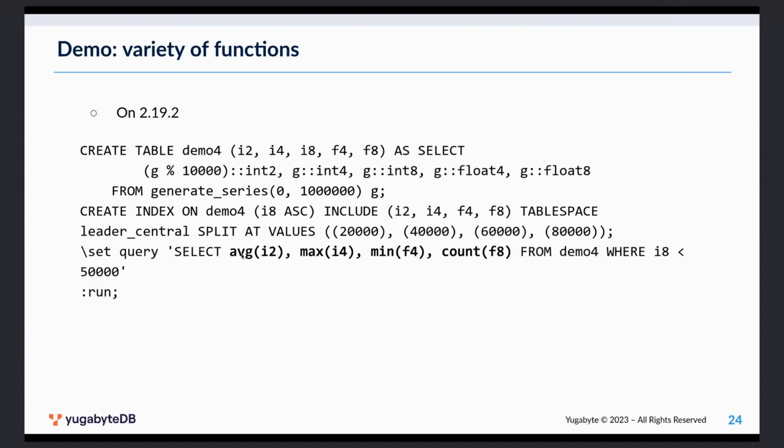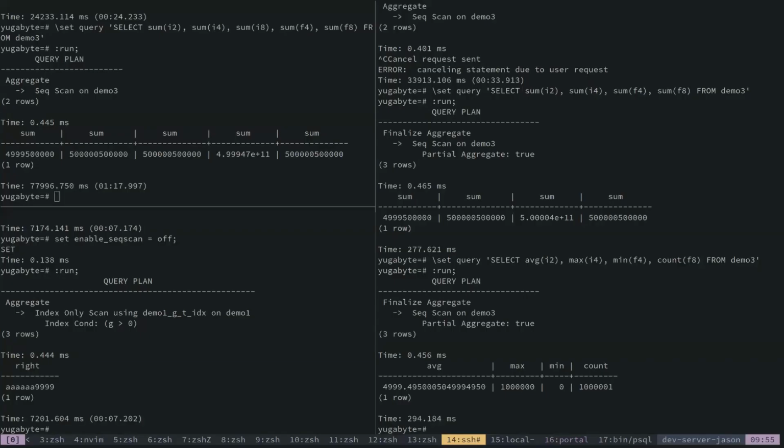Yeah, this one's also going to show the different functions we can do, but this time the difference is that I'm using it on a split index. I split the index demo4 into 5 evenly split tablets. Again, the index and table have already been created. Oh, looks like it finished.